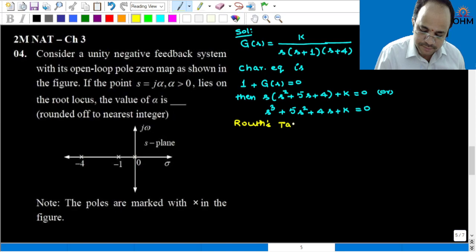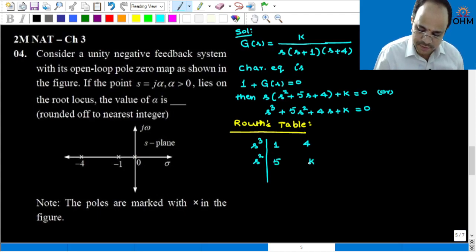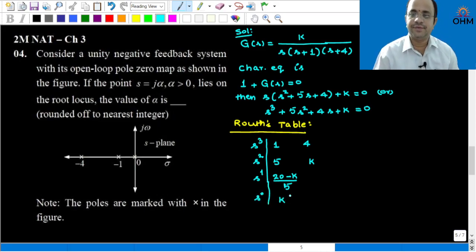Okay, then what you have to do, let us define Routh's table. So s cube elements 1 and 4, s square elements 5 and k, s power 1 elements 20 minus k divided by 5, and s power 0 element, it is k.